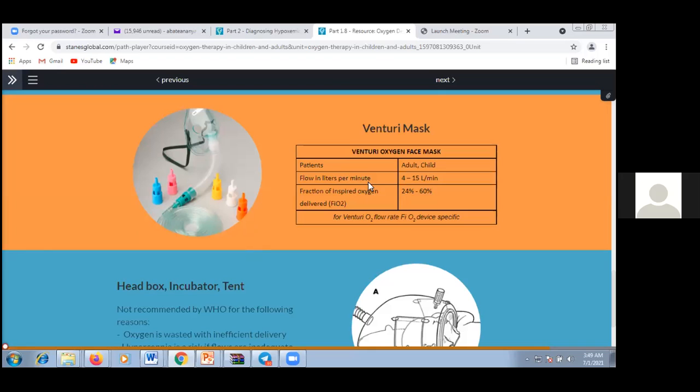It can deliver 4 to 15 liters per minute of oxygen with a maximum FiO2 of 60%. The advantage over a simple mask is that you know what fraction of inspired oxygen you are delivering to the patient. With a mask, you can't determine that.